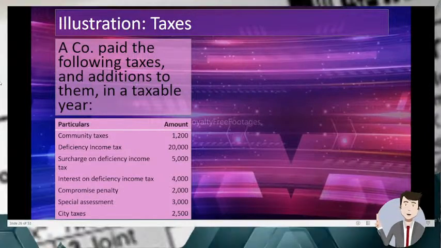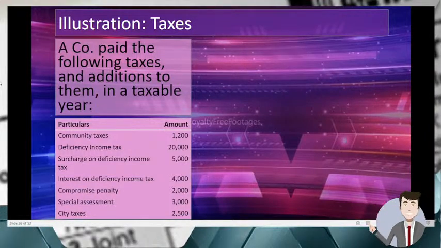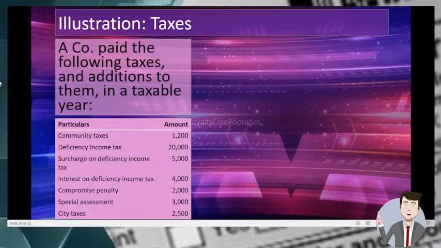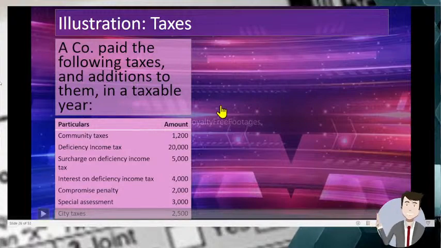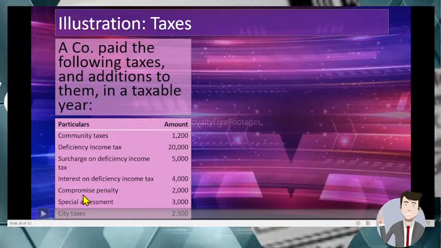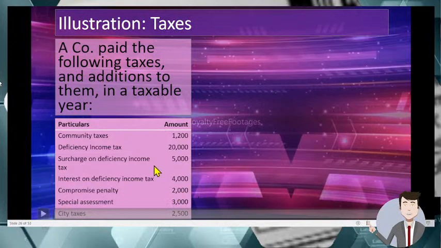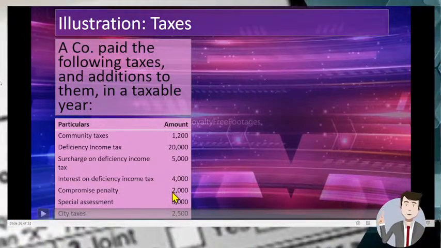So you have to pay the amount of deficiency plus surcharges plus interest and compromise penalty. That's why the BIR is charging that, and that is called compromise penalty. Okay? So the taxpayer will, of course, pay that to the Bureau of Internal Revenue.